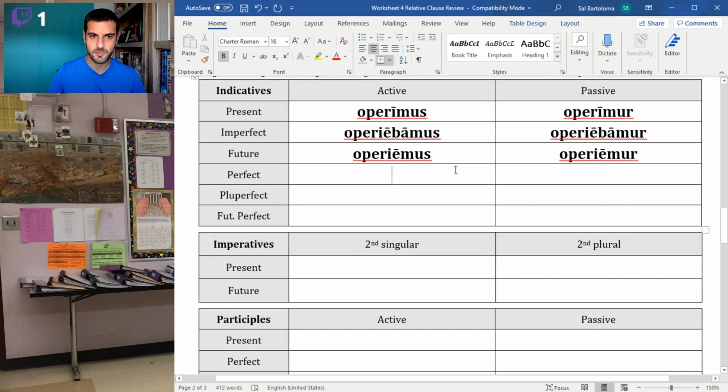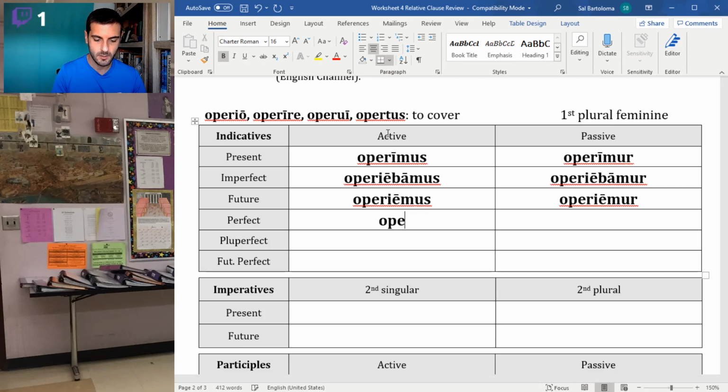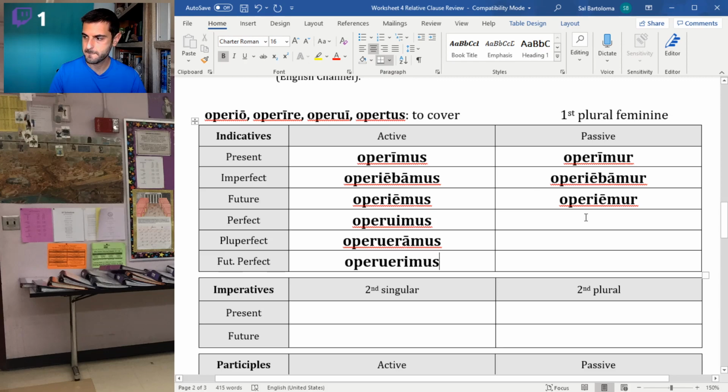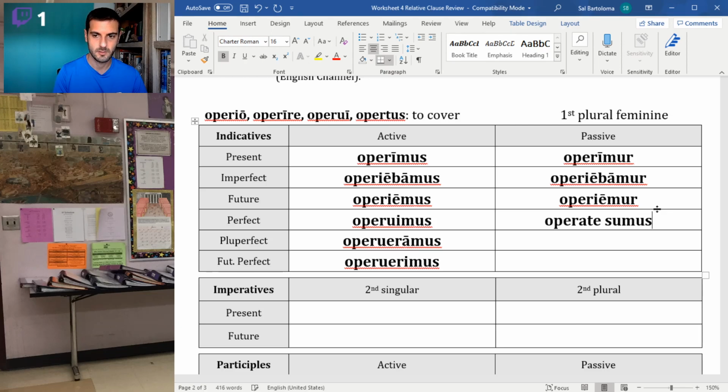Perfect active is always third principal part, so operui, operuimus, operueramus, and operuerimus. And anything perfect passive is going to be your fourth principal part. First plural feminine, so opertus becomes opertae, sumus.